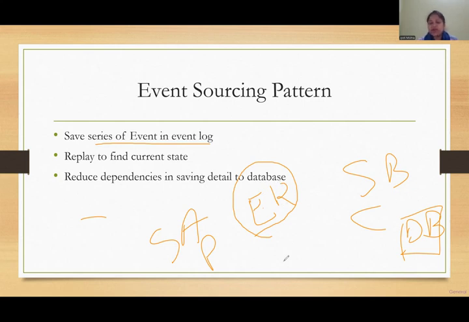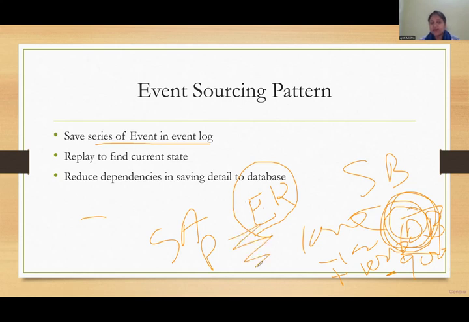Okay, you started with 1,000, then there was a withdrawal of 100, right? Then there was an addition of say 1,000 again, then a withdrawal of say 900, etc., right? So instead of saving everything in the database, all the details, you're logging all the events here, and at the end you replay and find the current state.